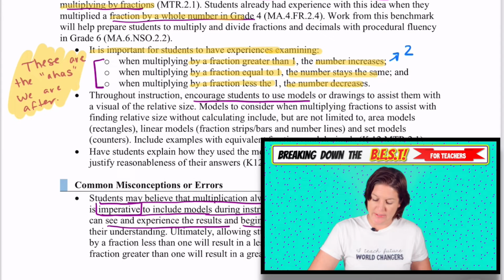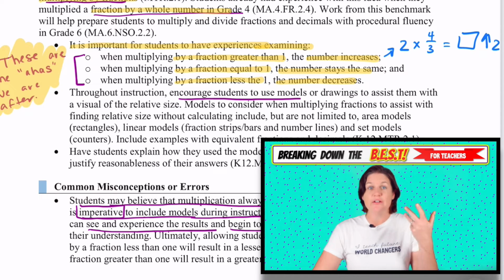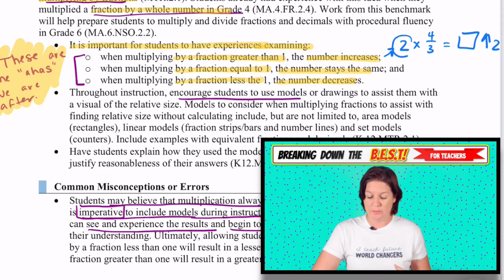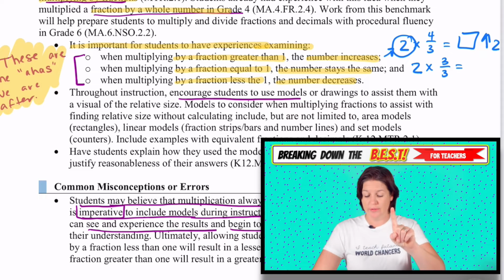Let's say that we're multiplying the number 2 times a fraction greater than 1, so let's say 4/3. The product is going to be greater than 2 because we're multiplying it by a fraction greater than 1. If we took that same number 2 and multiplied it by 3/3, which is equal to 1, the product is going to be equal to 2.